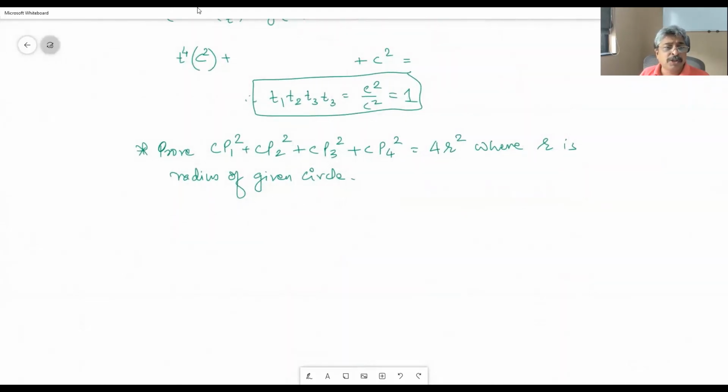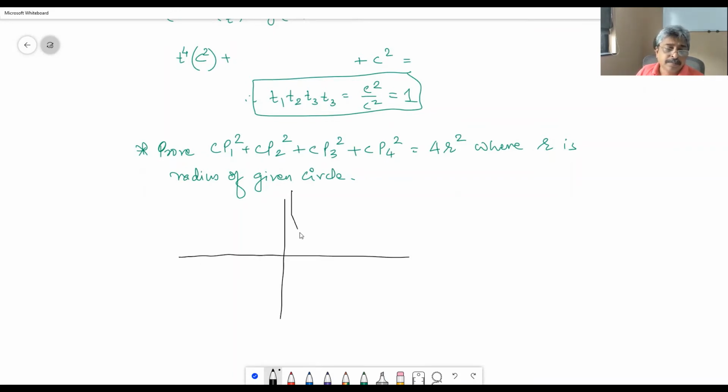Now the situation is like this. You have a rectangular hyperbola, and you have a circle whose center is not at the origin, some circle like this.